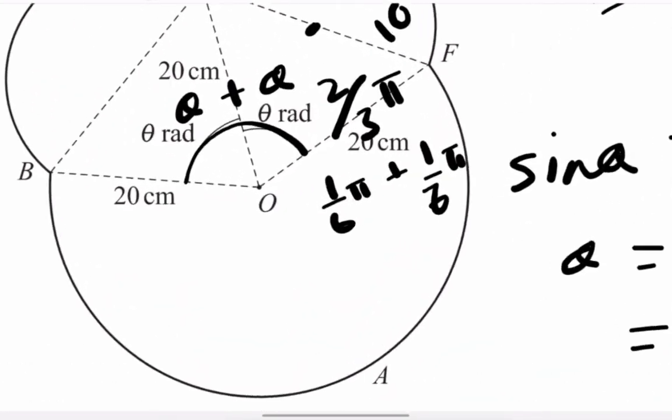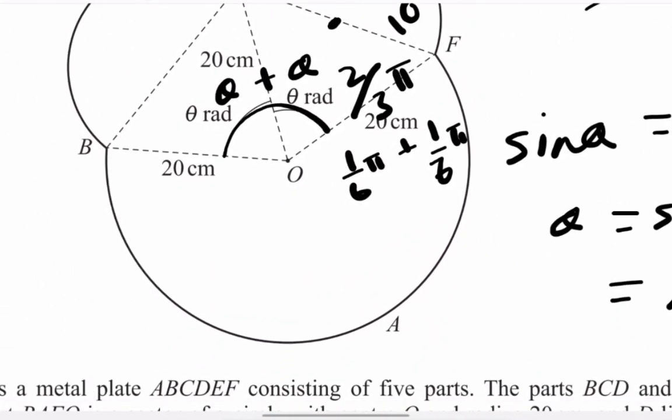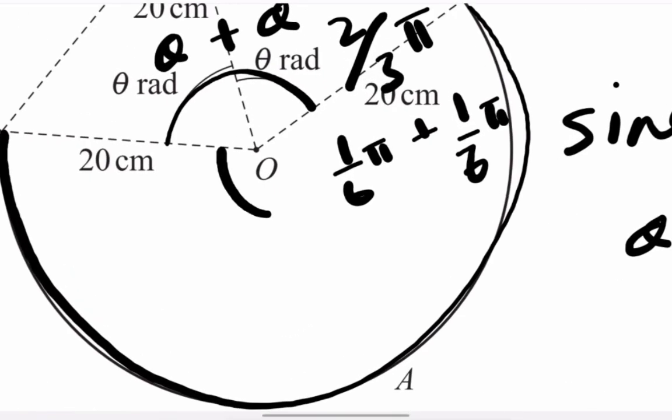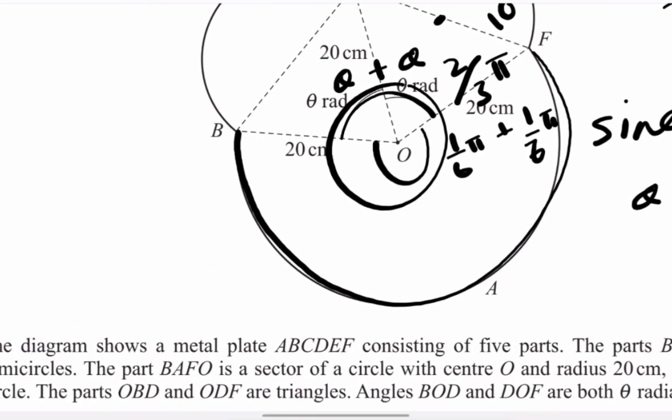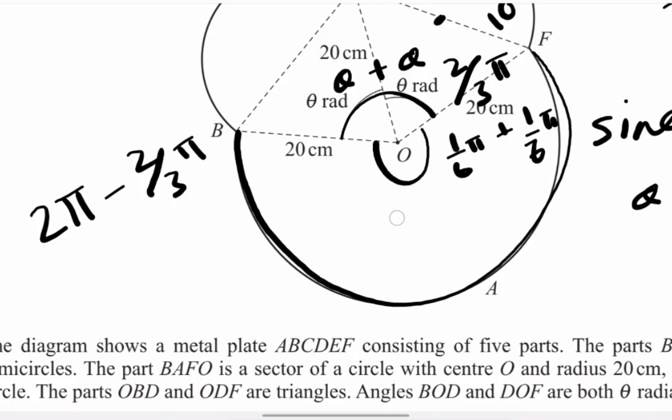And for perimeter, we are going to need the length of this arc, and for us to get that, we use the angle that is in the arc, which is this, and you know this whole thing is a complete revolution, which is 2 pi, and we're going to subtract 2/3 pi from that to get this angle right here.